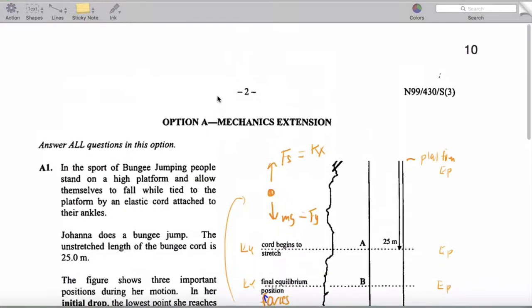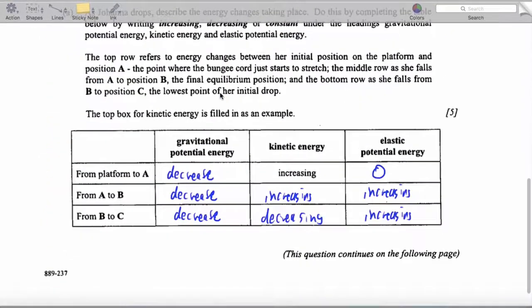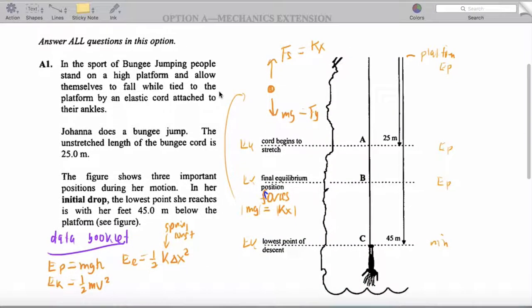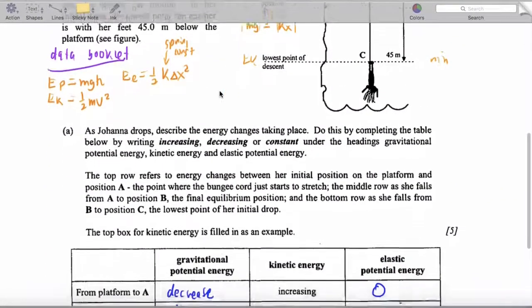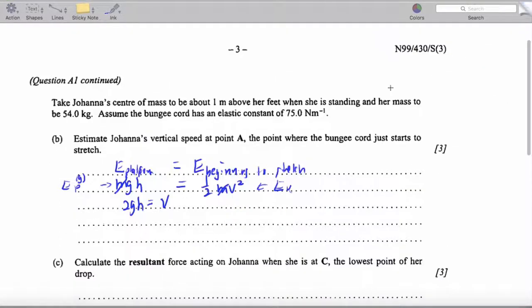The h through which she falls is, let's be really clear, this is obnoxious. They do a really annoying trick here, and I forgot to say this. It says Joanna's center of mass is 1 meter above her feet. That is so annoying. What we're basically saying is that Joanna is here.